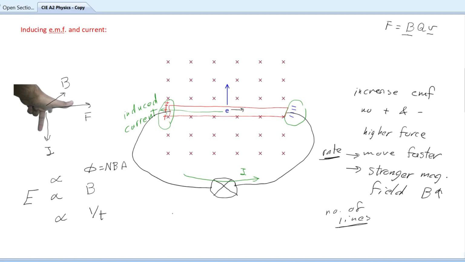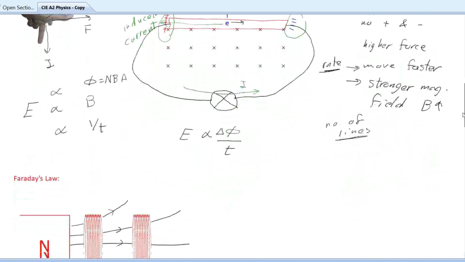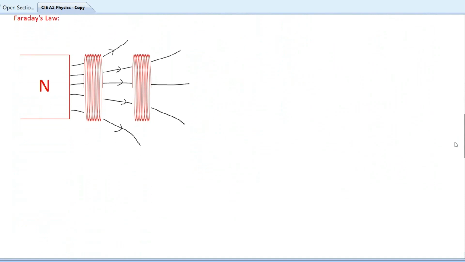So basically, you can say that the EMF is proportional to the flux linkage, or the change in flux linkage, and inversely proportional to the time. That's called Faraday's law.